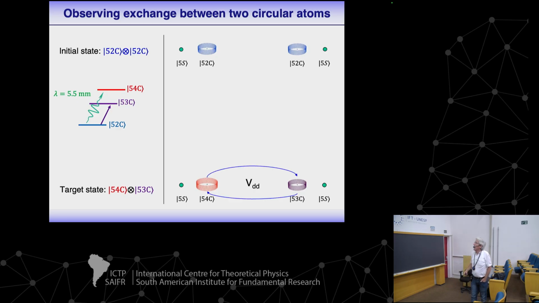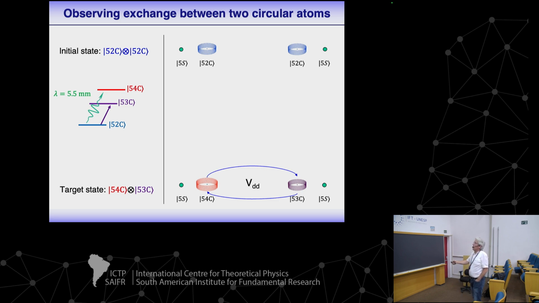So before ending, I present here the last experiment, where we also demonstrated the operation of exchange Hamiltonian, now for circular states, which is really the last tool we need before going to the many-body physics.